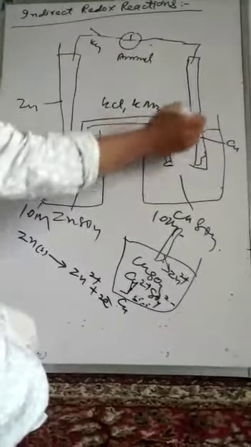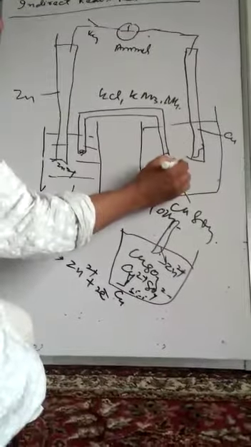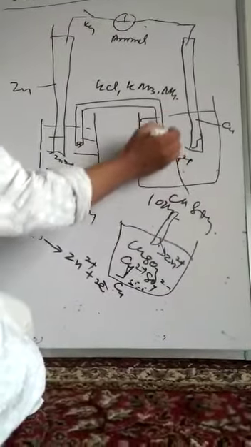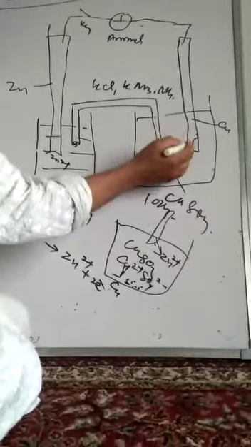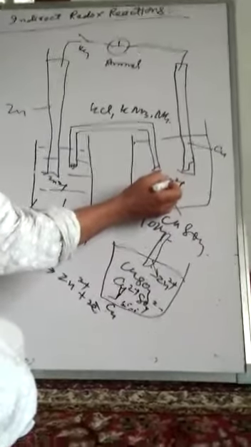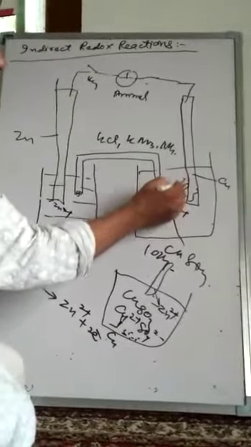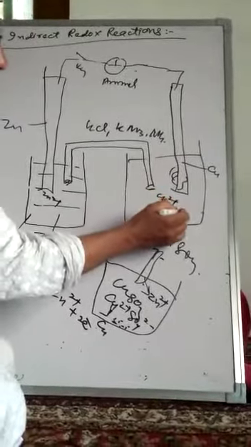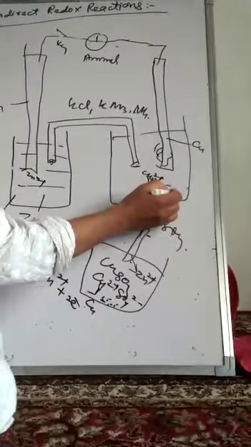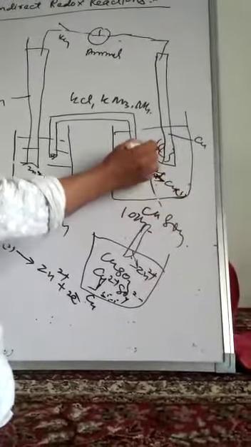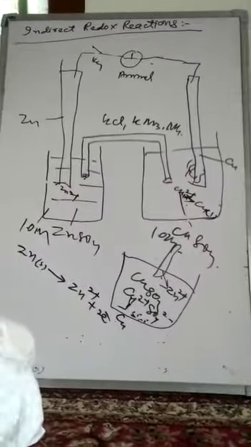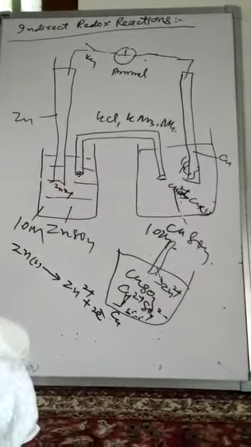Electrons move here. Here we have Cu2+ ions. There is an abundance of electrons available here. They are picked up by these copper ions, and Cu2+ adds 2 electrons to form solid copper, which gets deposited on this rod. We call these two rods electrodes.